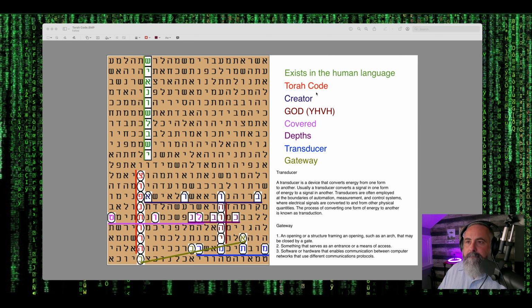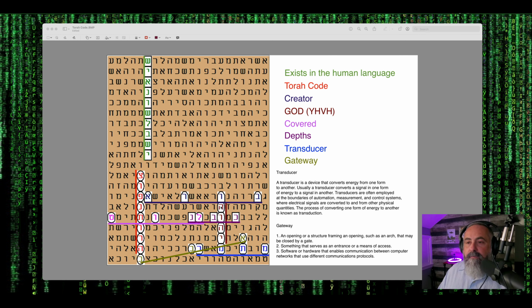What else is interesting here is we have the word creator, and that's this word running here in purple, going horizontally. There's a skip, so it skips and skips, but these four letters make up the word creator.